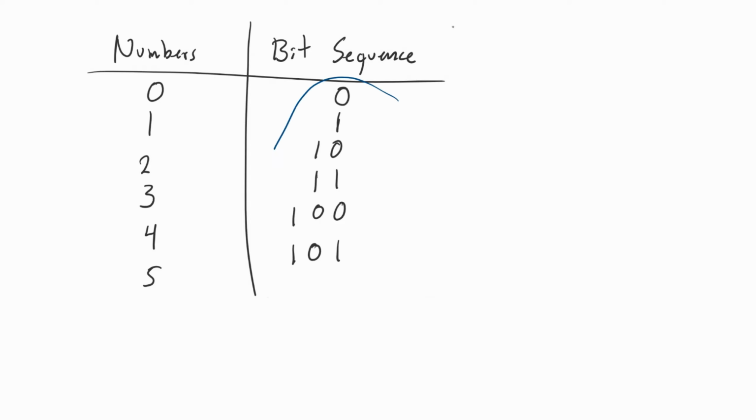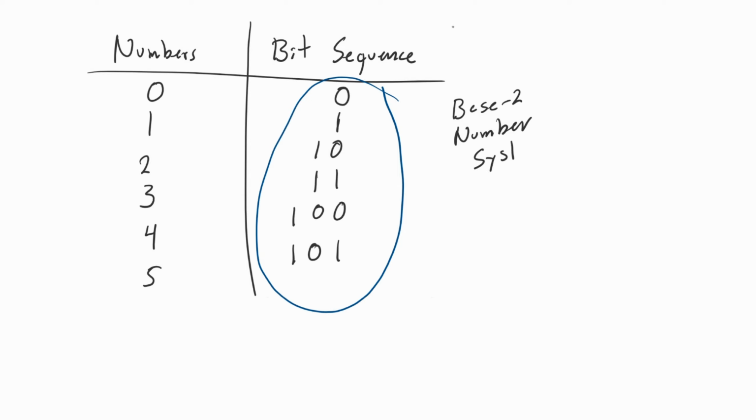And it just so happens that this sequence that I have here is actually the base 2 number system. Or another word for it is binary. And what's interesting about this is that this is actually a number system.